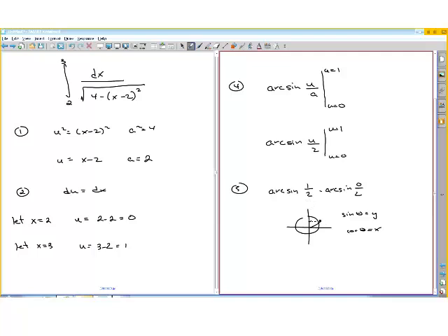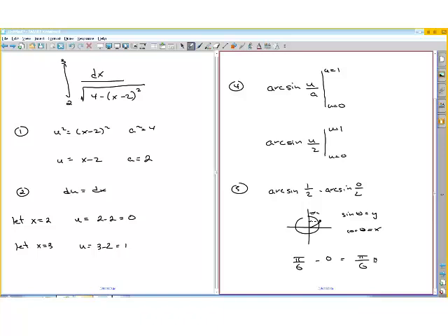If it's a half, with square root of 2 over 2 and square root of 3 over 2, it's going to be one of those nice angles. And because this comes over here, you can see it's about a third of the way around. This is pi over 2. If you go 90 degrees, it's about a third of that, which is pi over 6. So the answer is pi over 6, and the arc sine of 0 is 0. So we just get pi over 6, the second part.